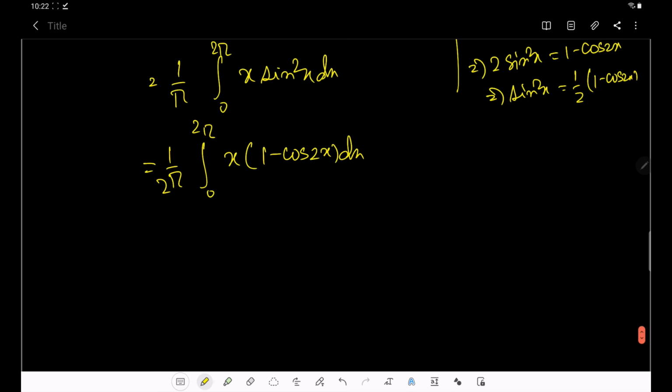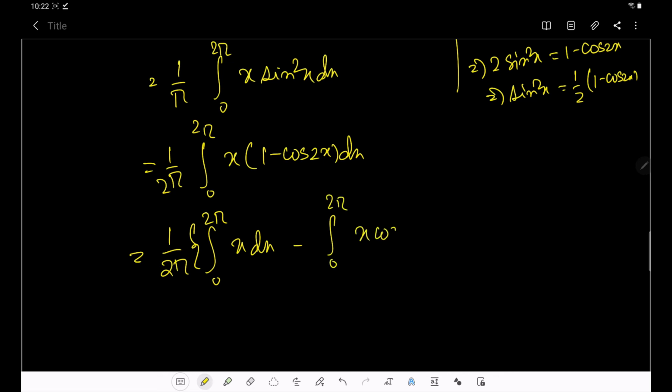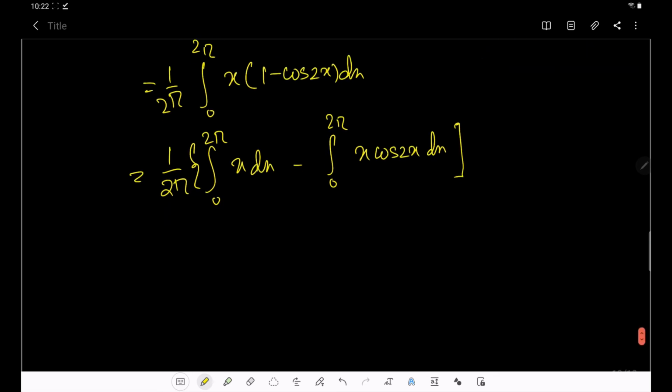You have to find the integration. We can split the integration like this. Can give one bracket there, minus 0 to 2 pi x of cos 2x dx. So we can say that 1 by 2 pi, this will produce x square by 2, 0 to 2 pi, minus x of cos 2x, and we have to perform that integration again.